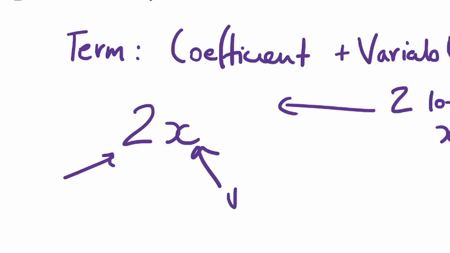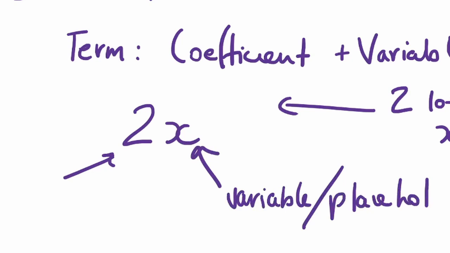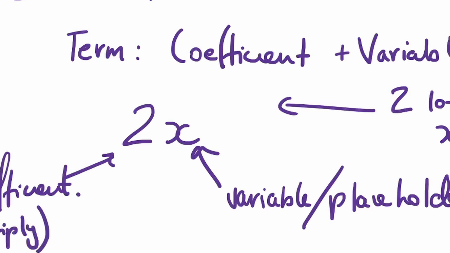So x is our variable. It is also known as a placeholder. The number 2 is the coefficient, and it is essentially what we're multiplying by.